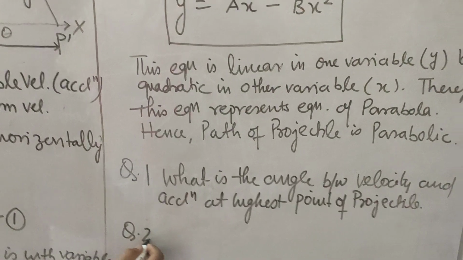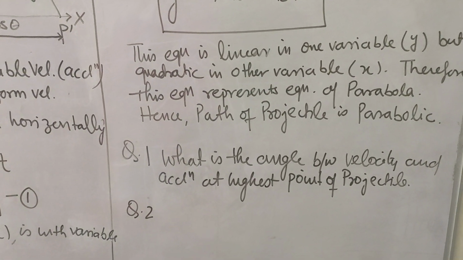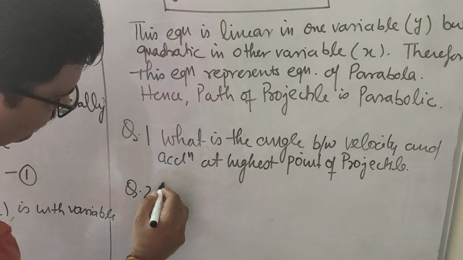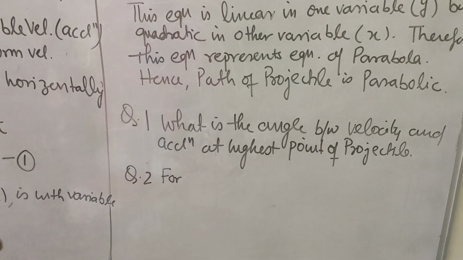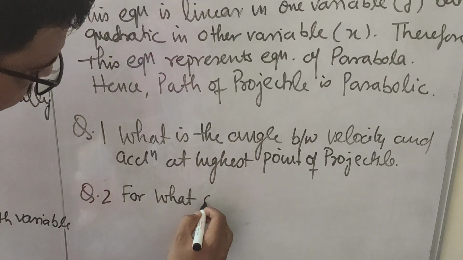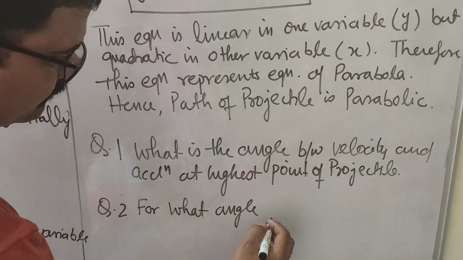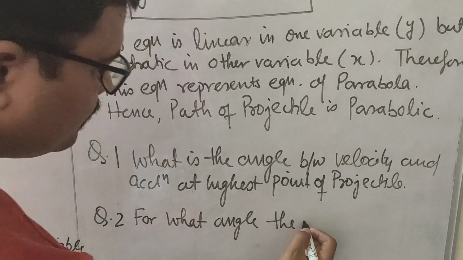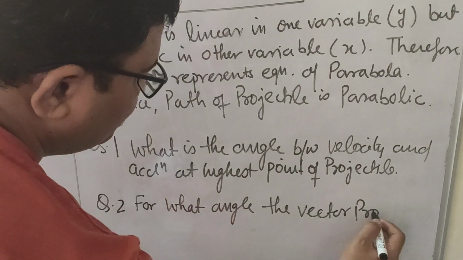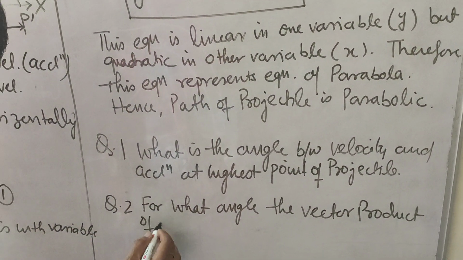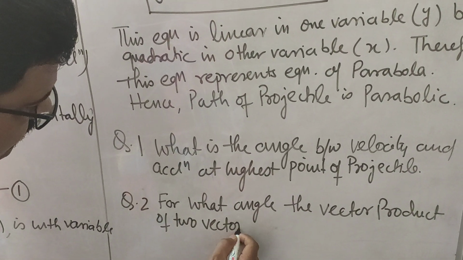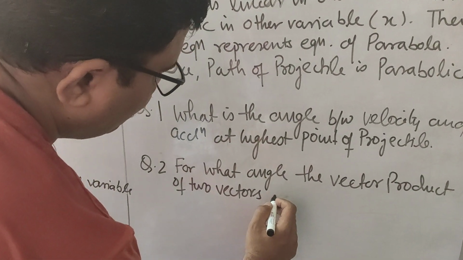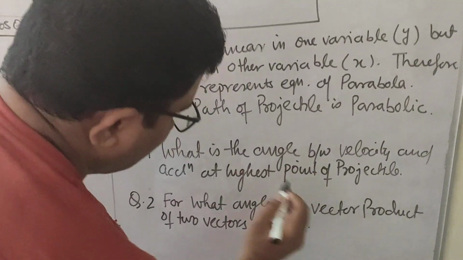Question number 2, this is the second part. You have to tell for what angle the vector product of two vectors is 0.